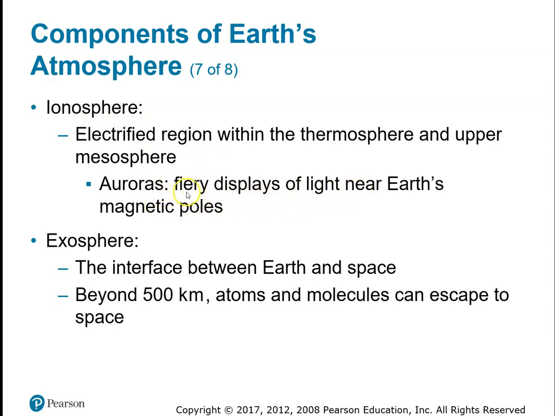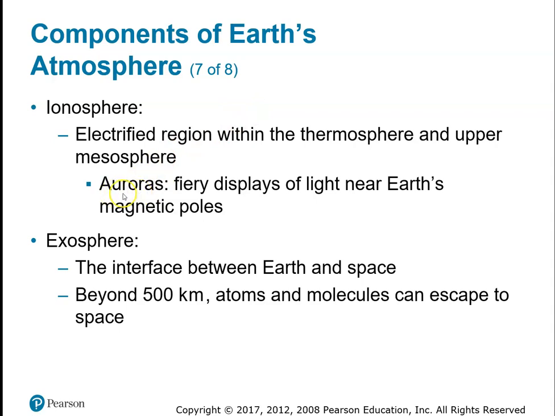And what happens is when these particles crash into the Earth's atmosphere in the thermosphere, they will excite the particles that are there, and they give off light. You can just look on YouTube and type in aurora.